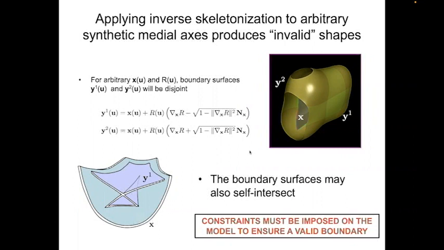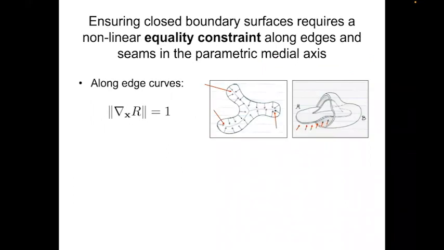Exactly, and so along the edges, if we work out what it takes for y1 to match y2, then essentially it just says, if you look at what's different between y1 and y2, you have a minus here and you have a plus here.